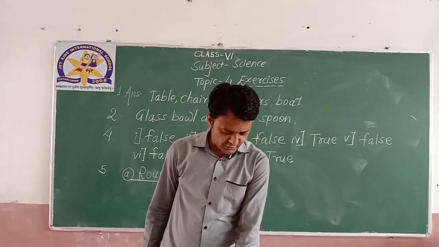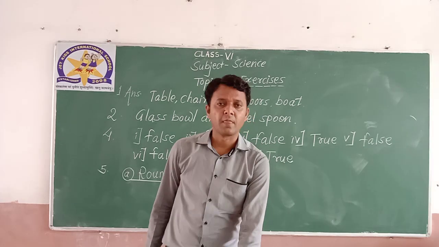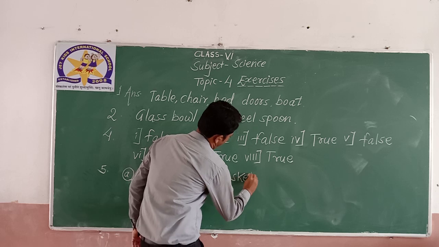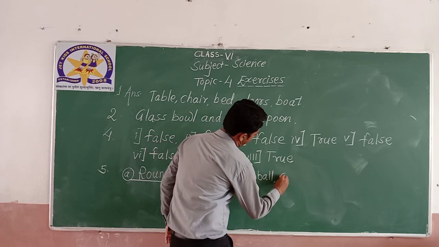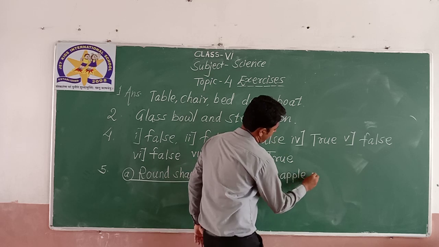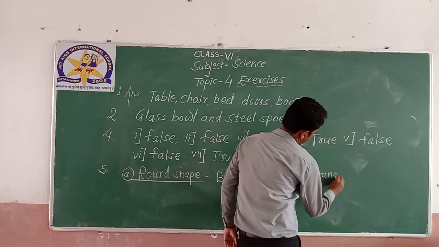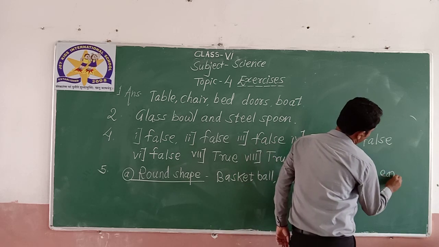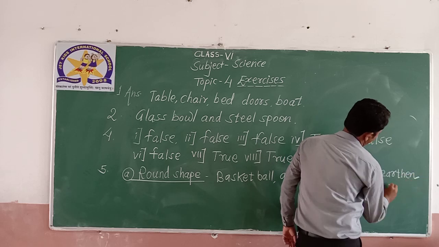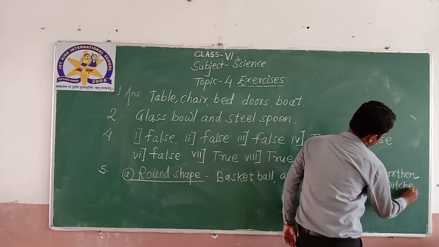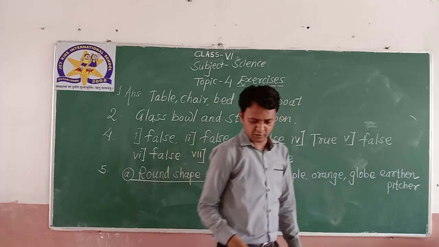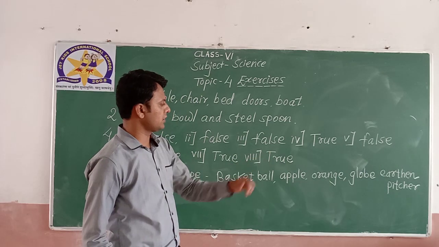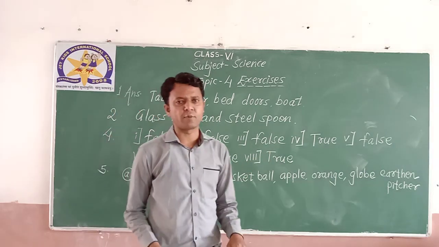Basketball, apple, orange, globe, and earthen pitcher. Okay, basketball, apple, orange, globe, and earthen pitcher. These are the round shaped objects, A.